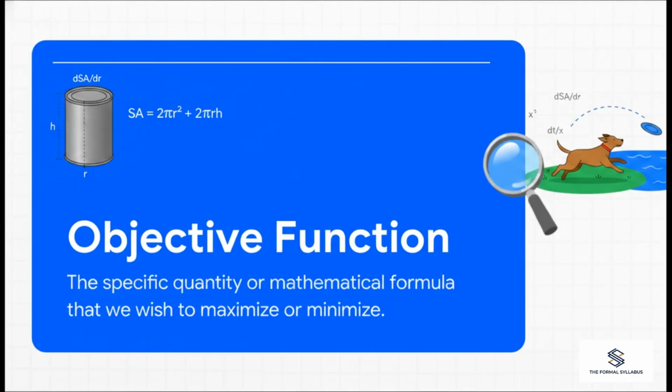So the crucial point here is really understanding the difference between what we want to achieve and what we're forced to work with. First, we have the objective function. This is your ultimate goal. If you're building a can, your objective function is the formula for surface area, which you obviously want to be as small as possible. If you're the dog running after that frisbee, your objective function is the total time it takes to reach the target.